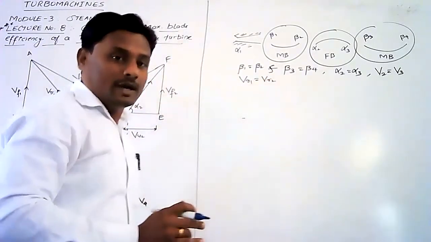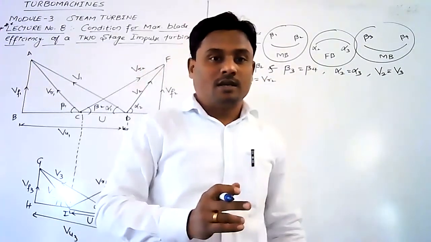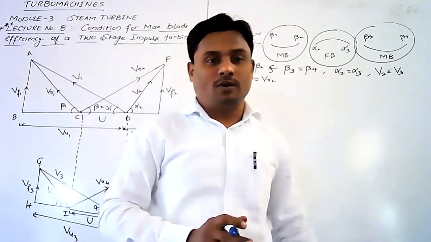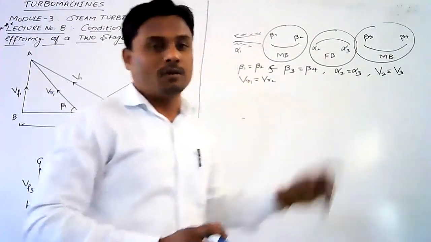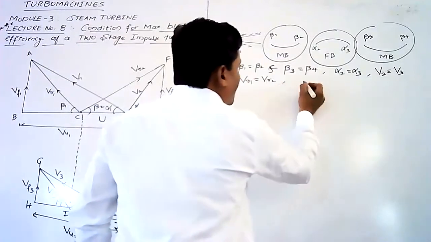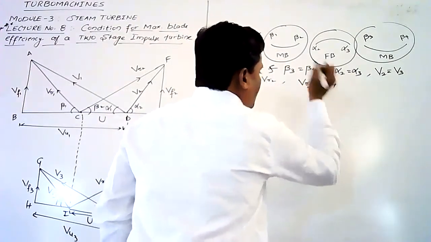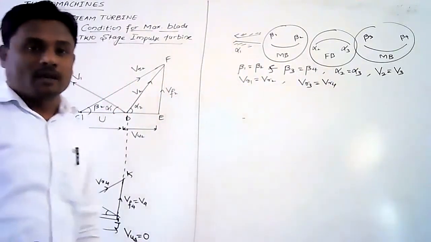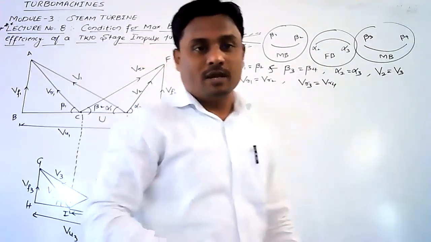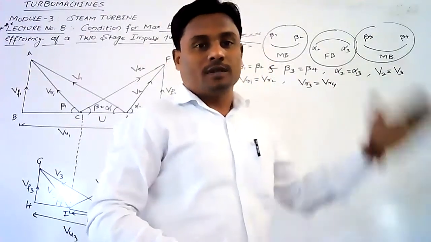That is, the relative velocity at the inlet of the moving blade is equal to the relative velocity at the outlet. Similarly, VR3 is equal to VR4. So these are some assumptions which are used for doing the derivations.